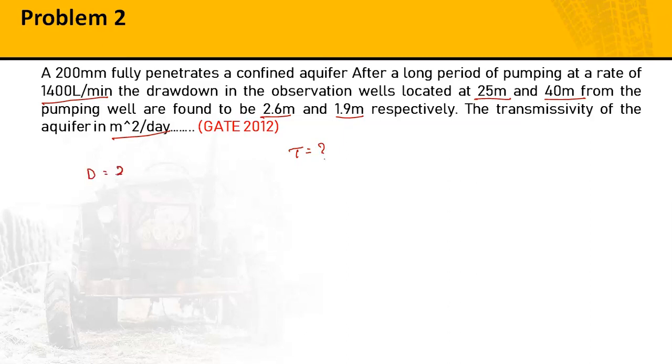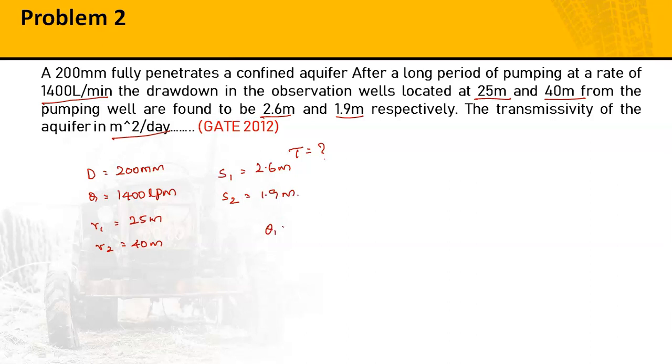Diameter D is equal to 200 mm. Q is equal to 1400 liter per minute. Liter per minute you want to convert into meter cube per second. Then R1 value is equal to 25 meter and R2 value is 40 meter. S1 value is 2.6 meter and S2 value is 1.9 meter.